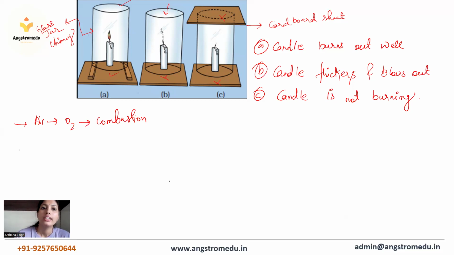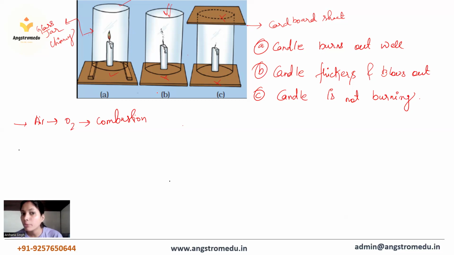Now, in the second case, from the top side you are getting air. But what is happening to the bottom? It is closed. As it is closed, it won't get the proper oxygen.